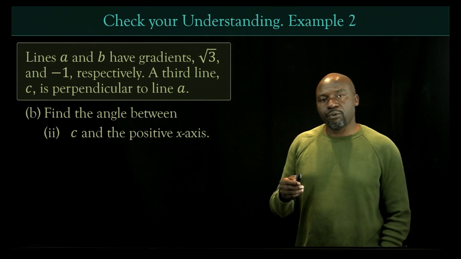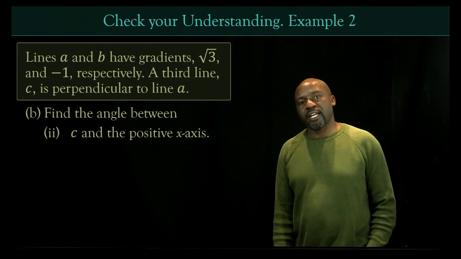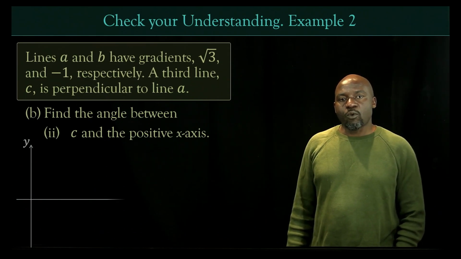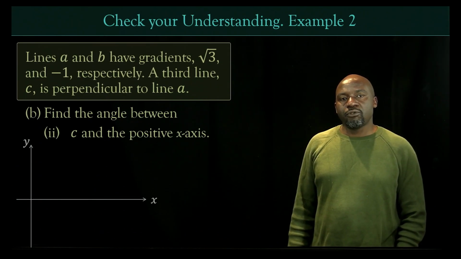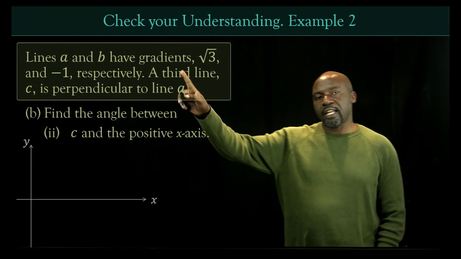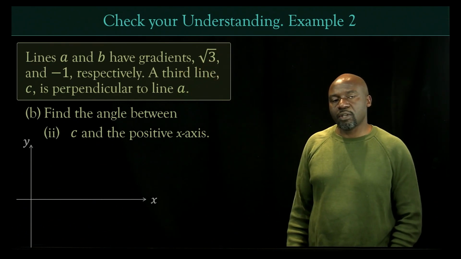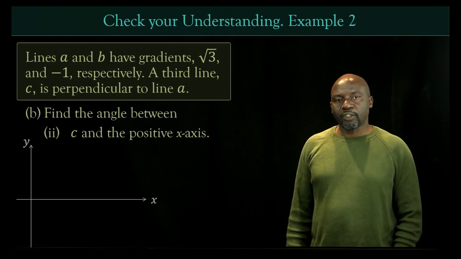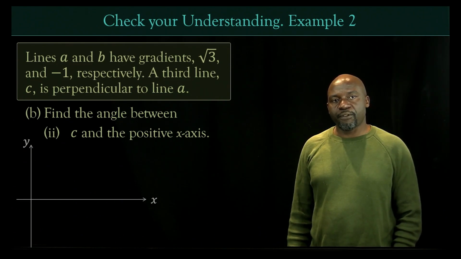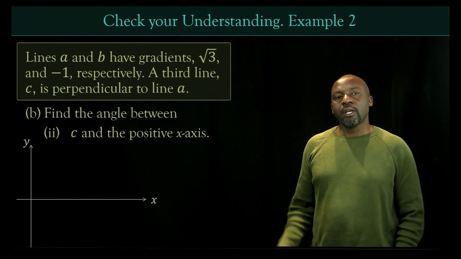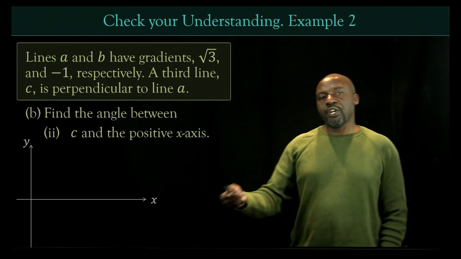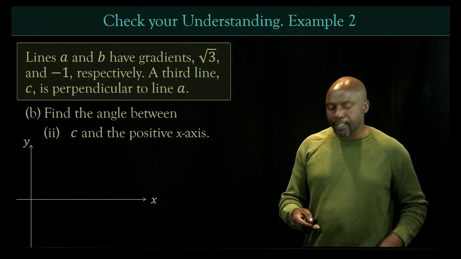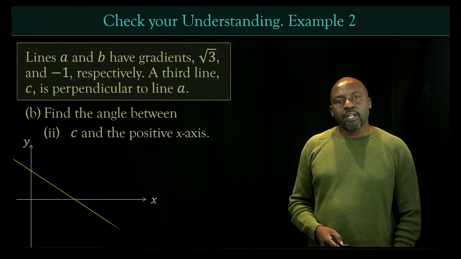Okay, and so if we want to find the angle it makes with the positive x-axis, I'm again drawing the x and y axis there, and I'm going to draw a line with gradient -1 over √3, which is negative 0.5773 something. Not that it matters, but we know that the line is sloping downwards as we move to the right. Okay, and so that's the line there.